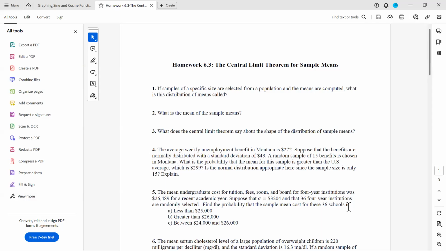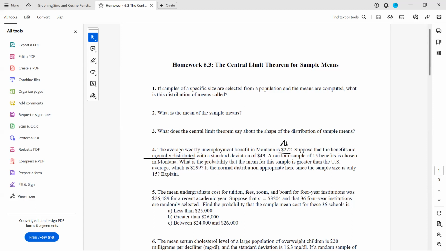What this is going to be is this. We have a mean here. This is mu. The average weekly benefit is 272. Suppose that the benefits are normally distributed. This is your clue.